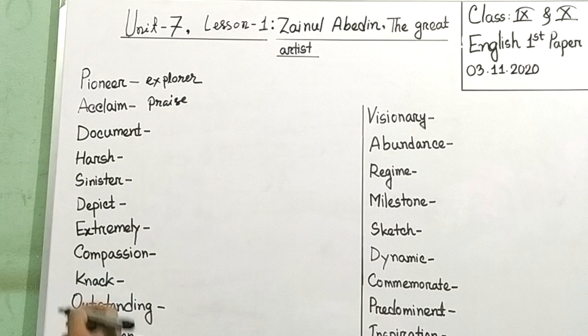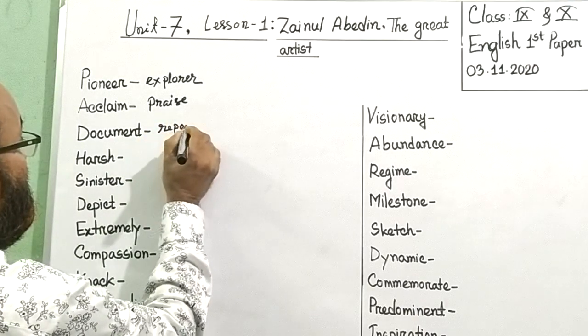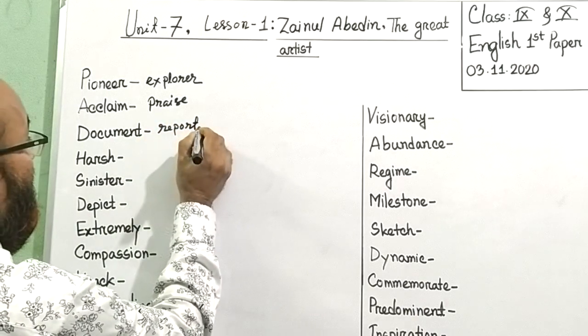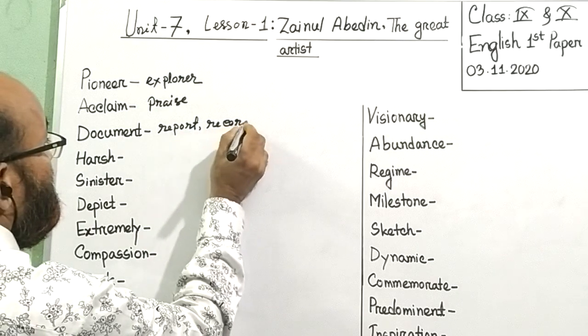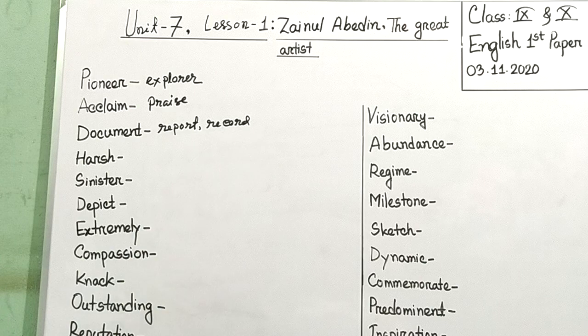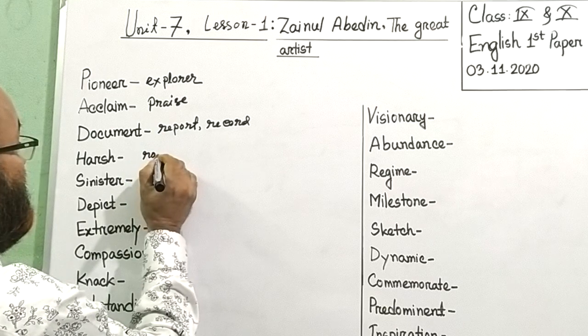Document means report or record. Harsh means rough.